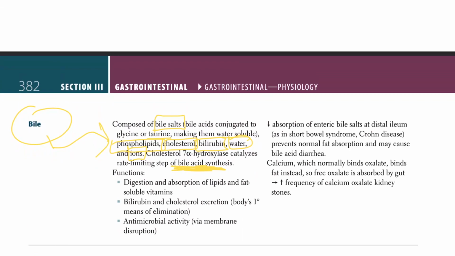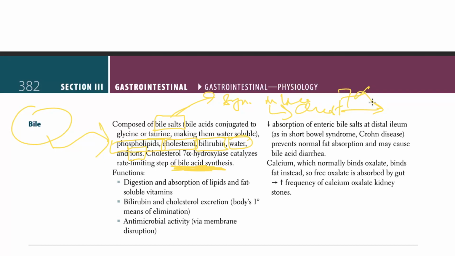These bile salts are the major component, okay, and these bile salts are synthesized in the liver. So in the liver you have the cholesterol.